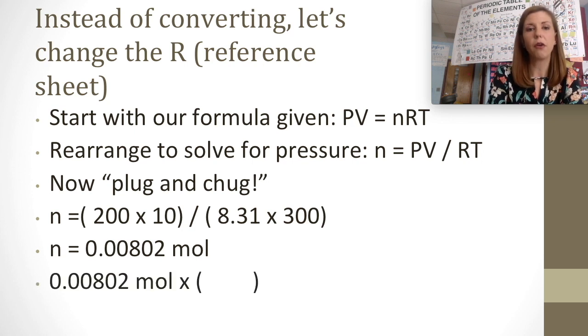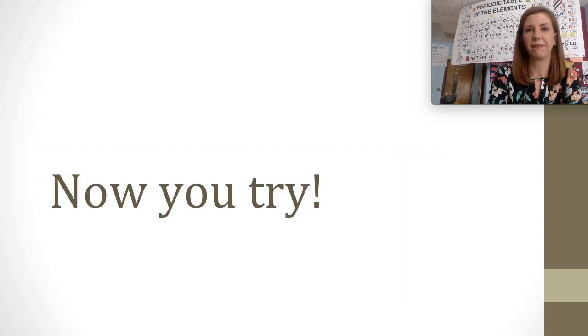To do that, we'll multiply by the molar mass of chlorine gas, where that chlorine is Cl2. Chlorine weighs 35.5 grams per mole, but I need 2 of them, so that's 71 grams per mole. When my moles cancel, I am now left with my answer of 0.57 grams of chlorine. Now you try.